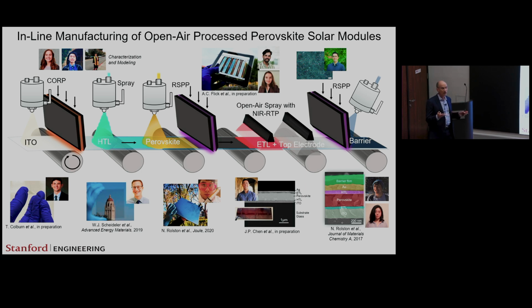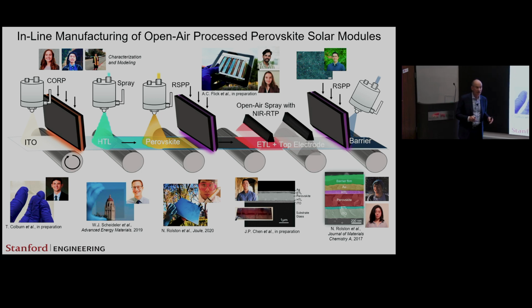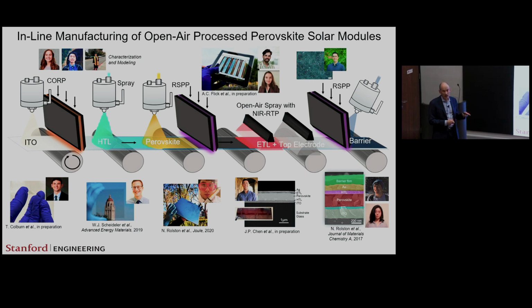Now, you might think, why on earth would you want to put ITO on glass? Because you can buy it from China suppliers and it's not expensive. But it turns out we can actually make ITO on glass fast, cheaper than what we can buy it from suppliers, and the quality of the ITO is better.